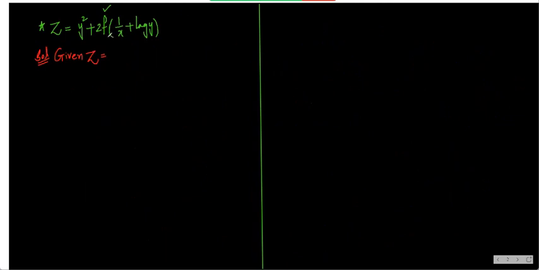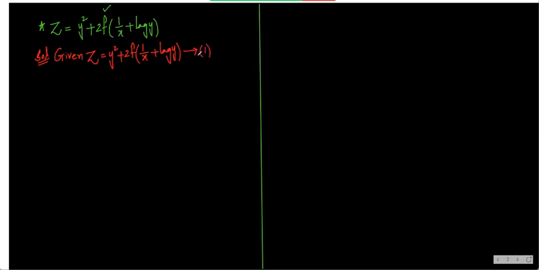F is there, and I want to eliminate f. Sometimes the question is not going to mention it; we have to understand that. This is taken as equation number 1.